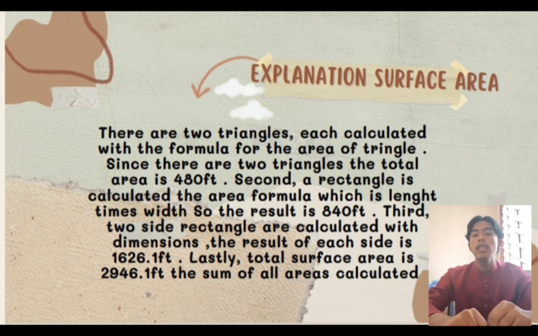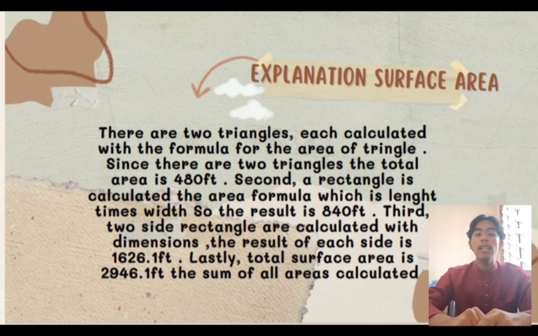There are two triangles, calculated with the formula for the area of a triangle. Since there are two triangles, the total area is 480 square feet. Second, a rectangle is calculated with the area formula, which is length times width, so the result is 840 square feet.